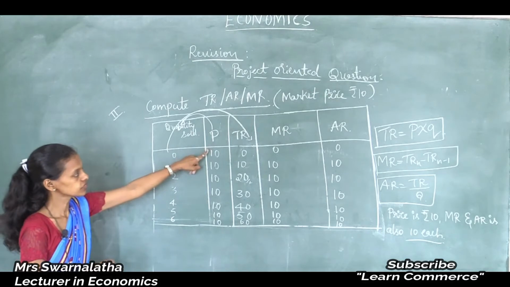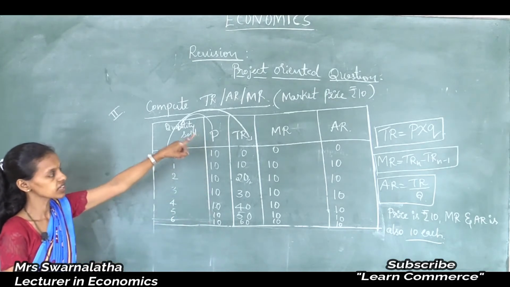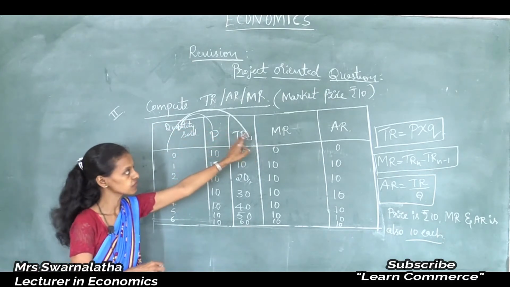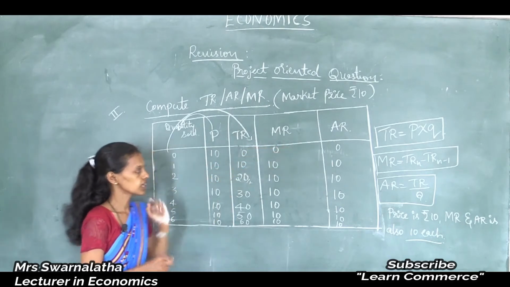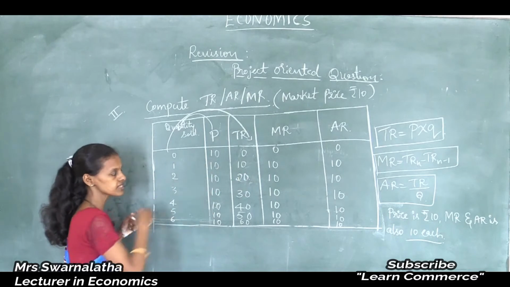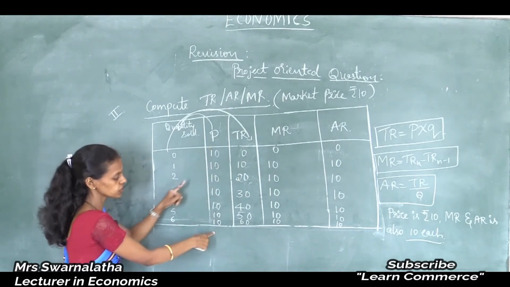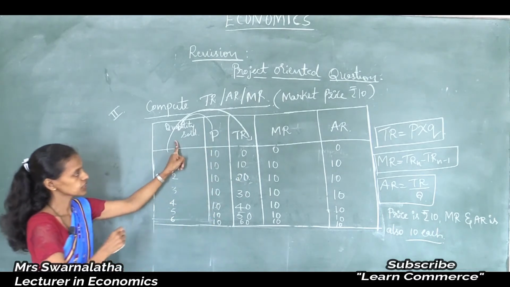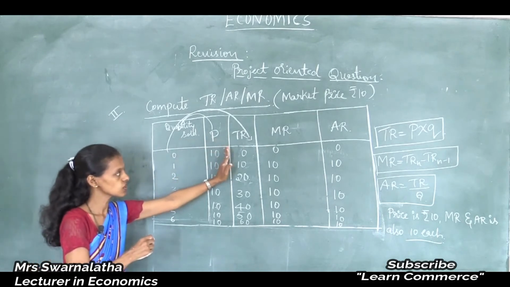So if they give the market price as rupees 10, find TR, AR, MR. You should find the TR, AR, MR when the market price is rupees 10. We are making one more column, after the quantity sold, adding the price column.